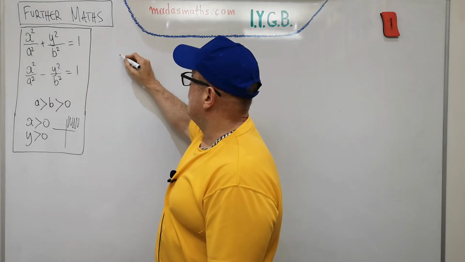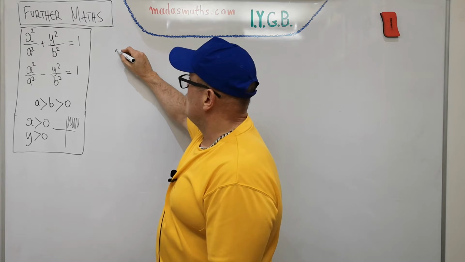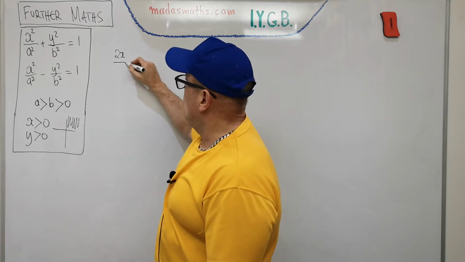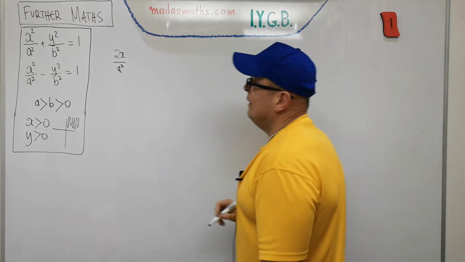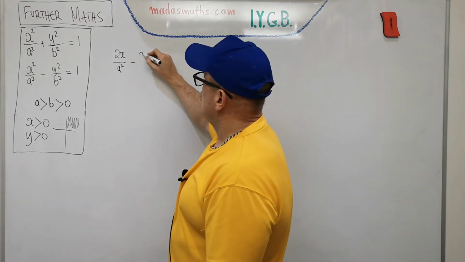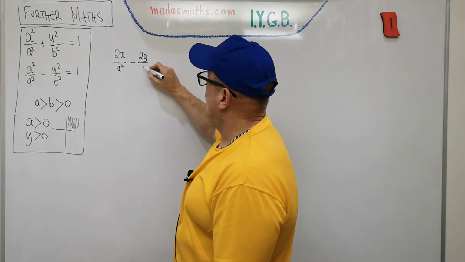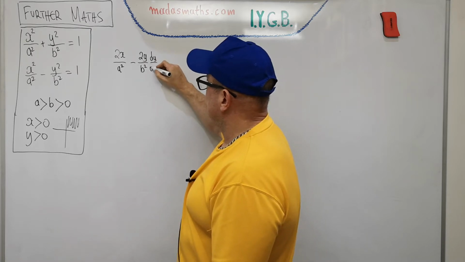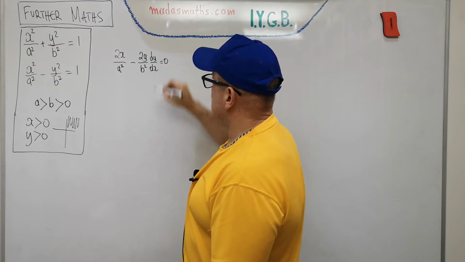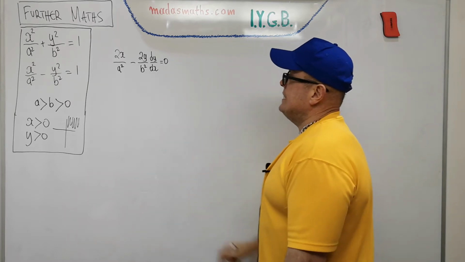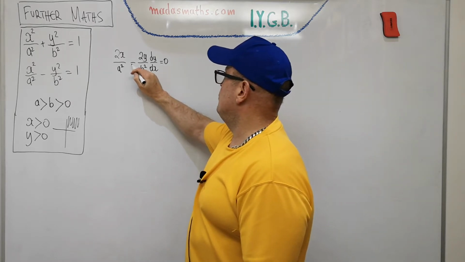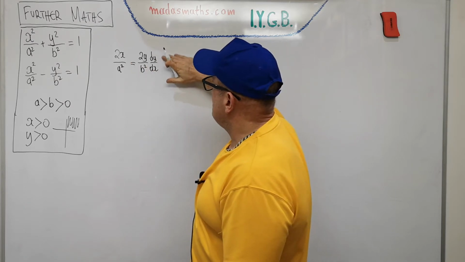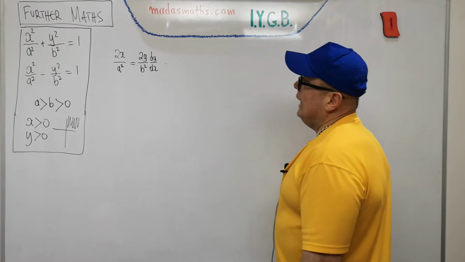So let's differentiate it. Differentiating implicitly, 2x over a squared minus 2y over b squared dy by dx is equal to 0. Save myself a little bit of board rubbing, so I'm going to move it to the other side.